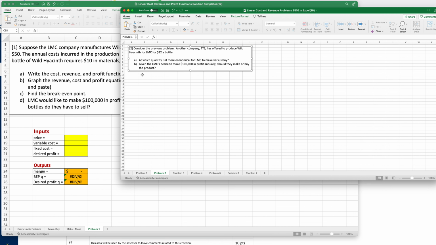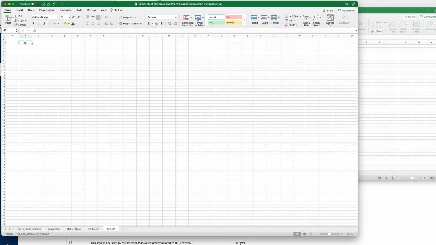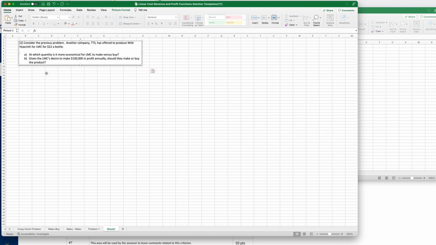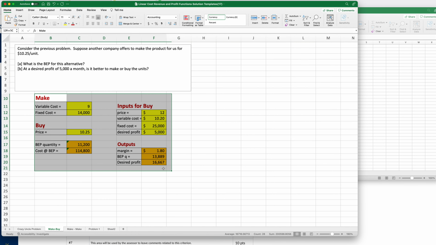Again, copy, paste. There we go. Consider the previous problem, and so on. Which kind is it? Make or buy. I know make or buy. Here's make or buy. Let me copy my make or buy. And I can even copy this, inputs for buy, and then I can see which one is more economical.